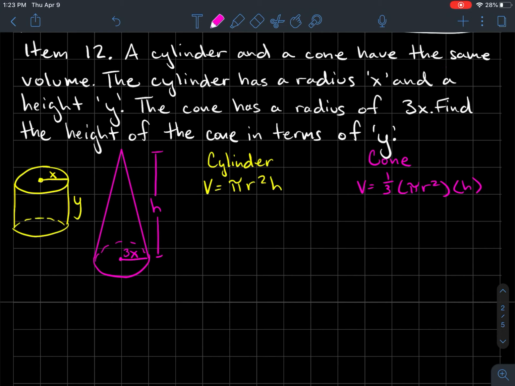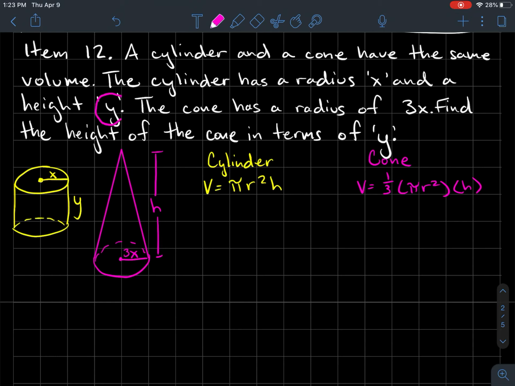The cylinder has a radius of x. So now this is probably a little more abstract than with numerical values. So r is going to equal another variable, x, instead of a number that we're normally used to dealing with, and a height of y.